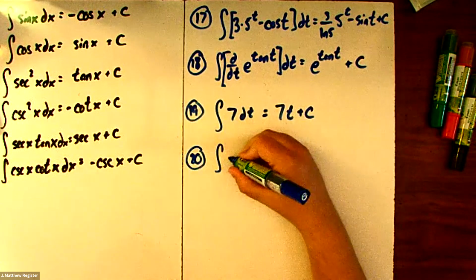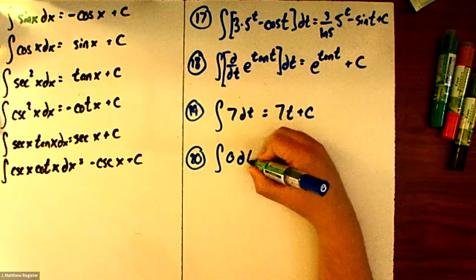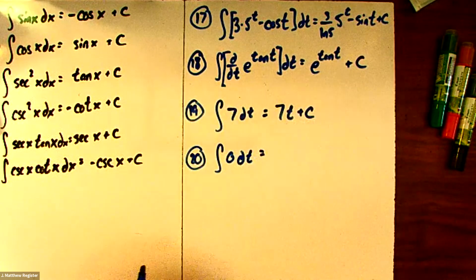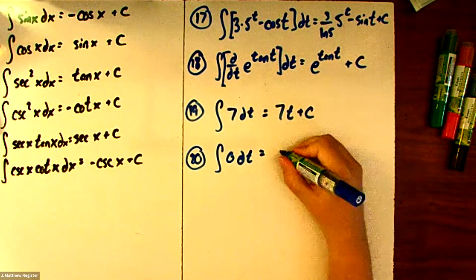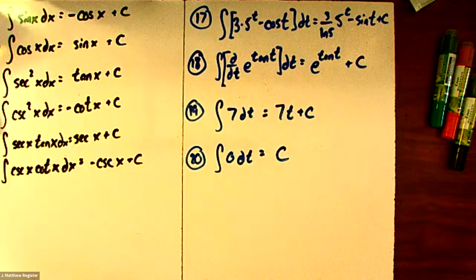And our last one is the integral of 0 dt. Well, the integral of 0, what function has a derivative which is 0? And that's just any constant. And so it's just c.